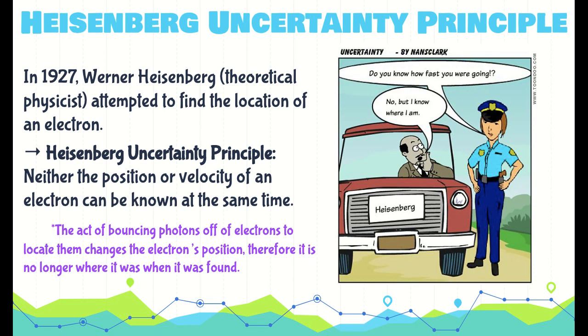So here we have Heisenberg trying to figure out where an electron was, and in his research, he figured out that if you try to figure out where it is, you're actually moving its position, or it's no longer where it was. So what he was doing was shining light, basically photons of light, into an atom to try to get some visual.